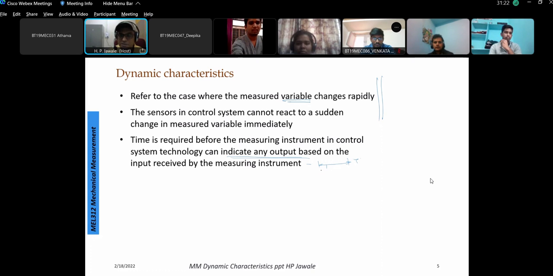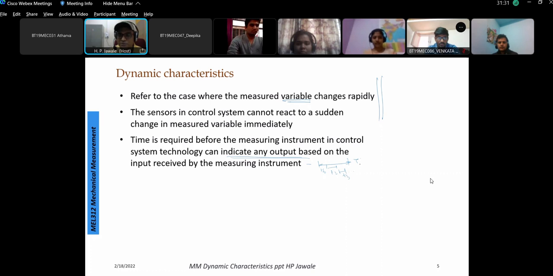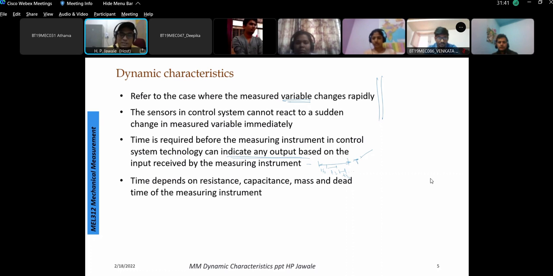Within this, for t1 time there is some value of signal, for t2 time there is some other value of signal, for t3 time another value of signal, and so on. So this is a summation, and the reaction of the control system will be based on the output that is shown by the measurement device, right? So the time depends on the resistance, the capacitance, the mass, and so on of the measuring instrument.